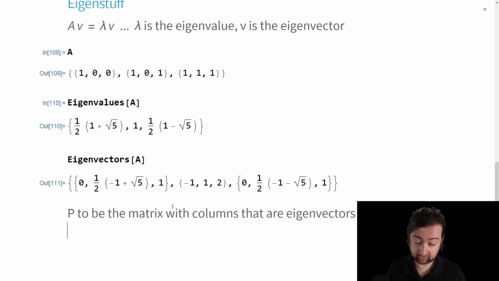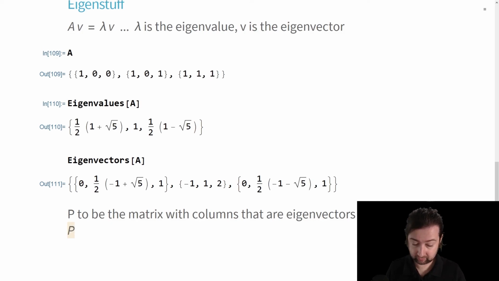You can write the equation P inverse AP, and if you do that computation, you get a diagonal matrix D, where the entries of D are the eigenvalues of A. This is called diagonalization.